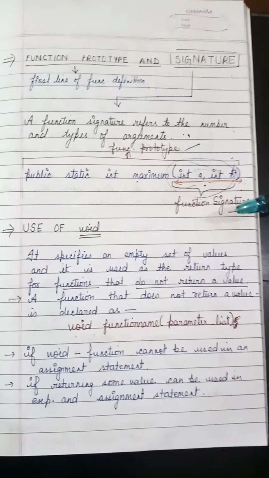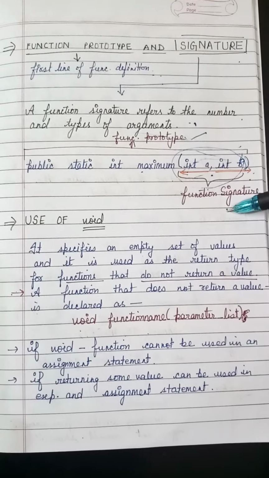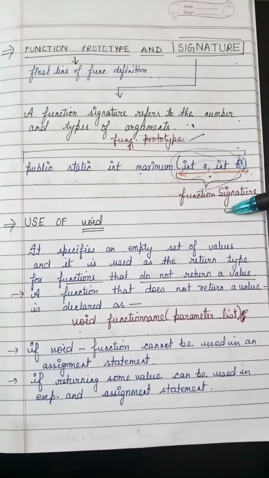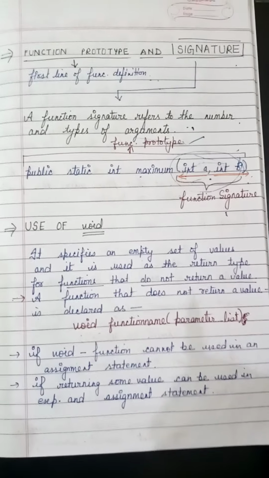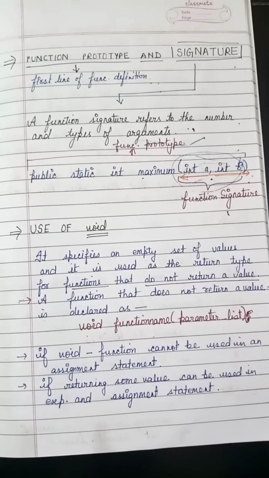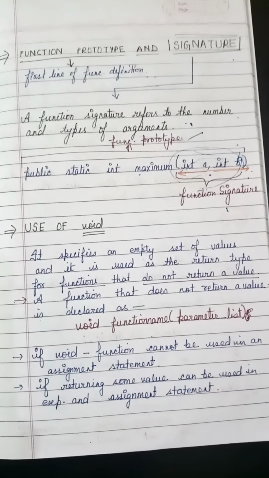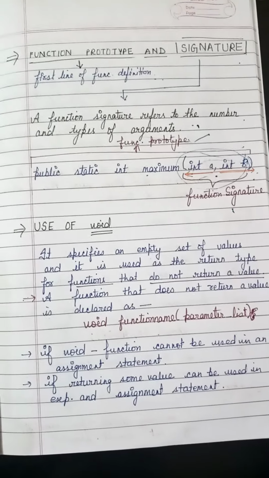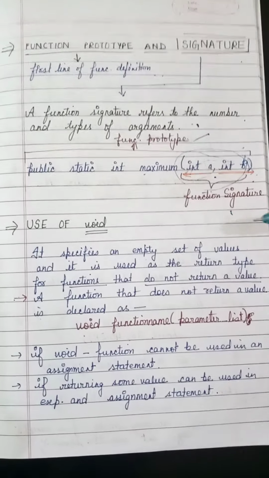Now the use of void. I am again explaining to you. If the function does not return any value, the return type should still be there, before the function name. But if the function is not returning anything, the data type will be void. Otherwise, whatever type of value the function is returning, that will be the return type of that particular function.